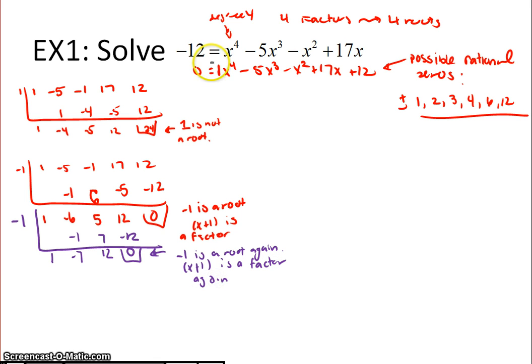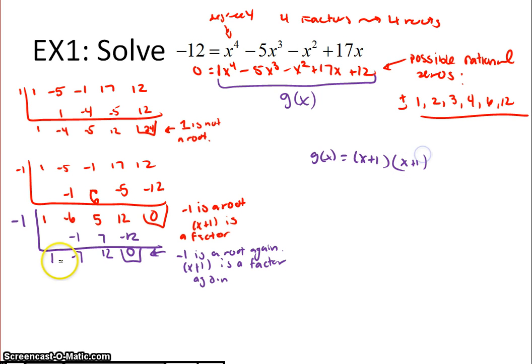Now, if I call this polynomial g of x, it's x plus 1. From here, minus 1 is a root, x plus 1 is a factor, and we got minus 1 as a root again, so x plus 1 is a factor again. Then we have this quadratic, x squared minus 7x plus 12.